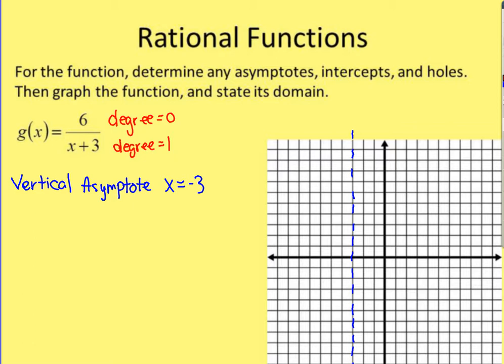So we have a horizontal asymptote of y equals 0. Again, we're going to put this onto our graph.